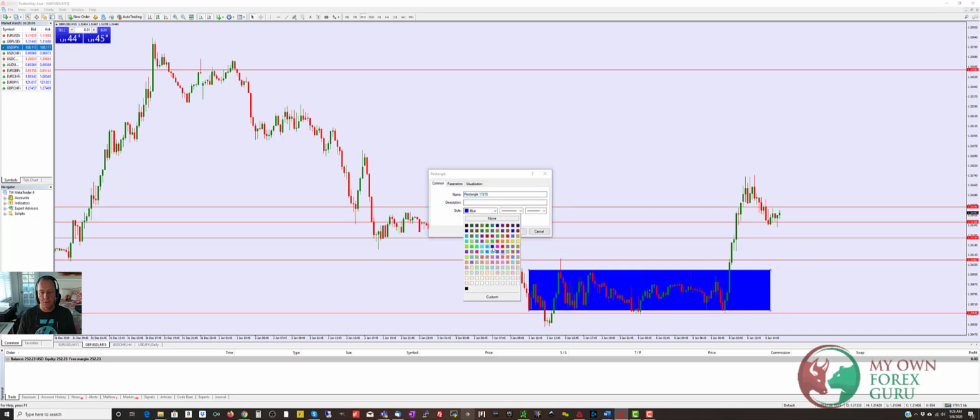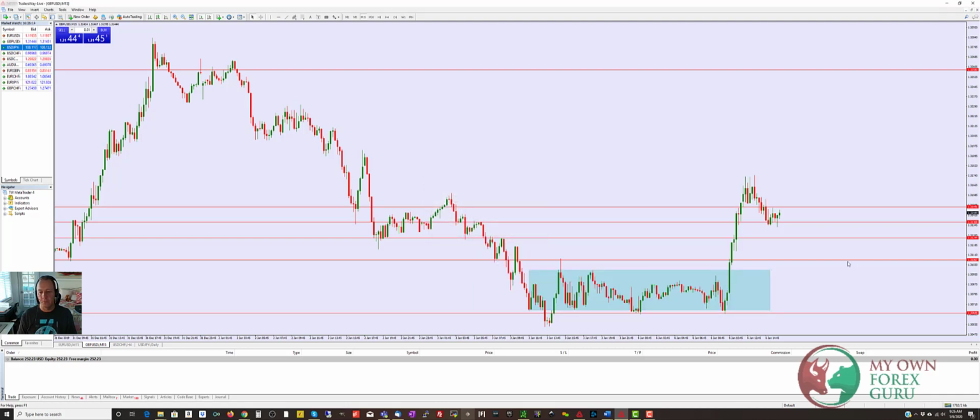We're gonna make that tender green. Let's see what that does. All right, so consolidation here, price comes down, price goes up, price comes down, price goes up, comes down. And so there's an equilibrium right here, and we can see that with Fibonacci.